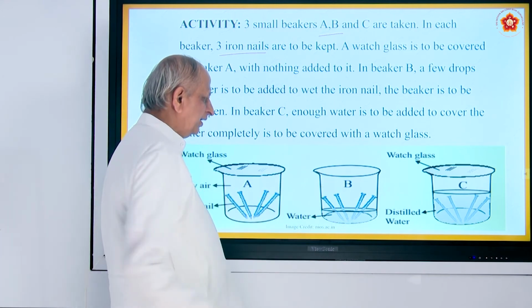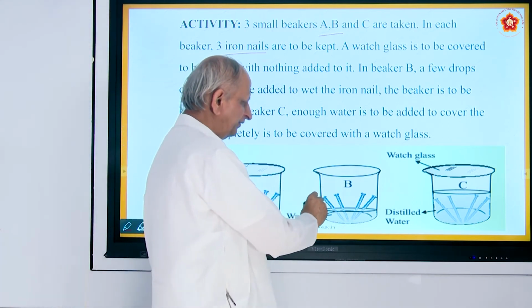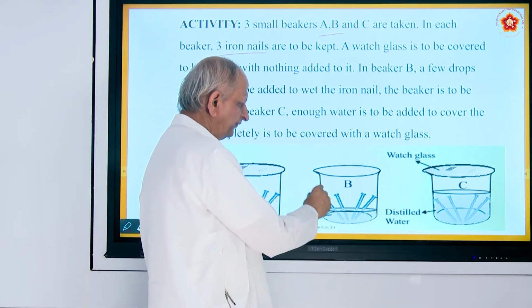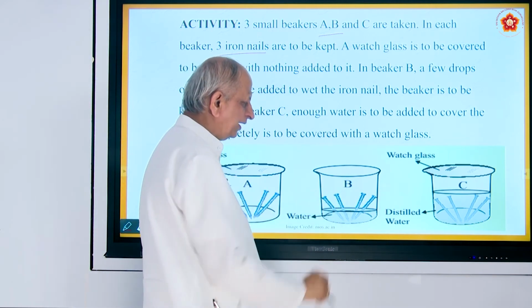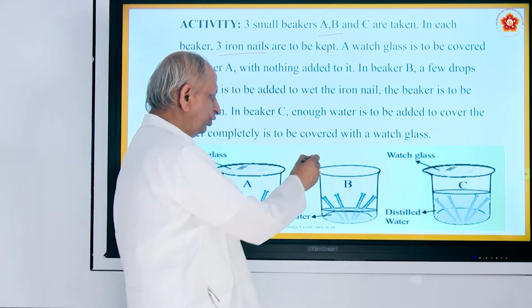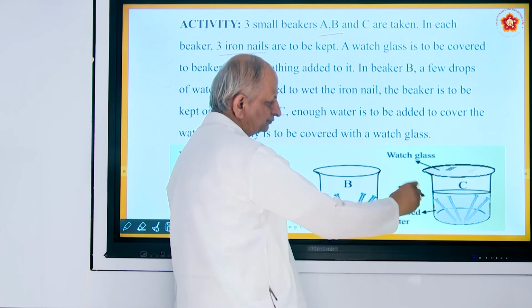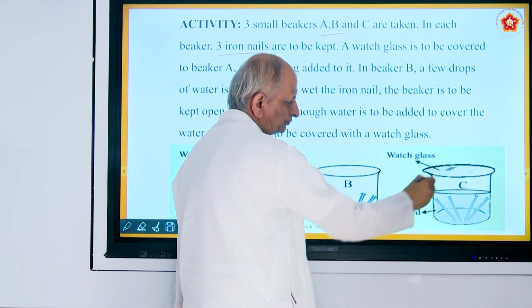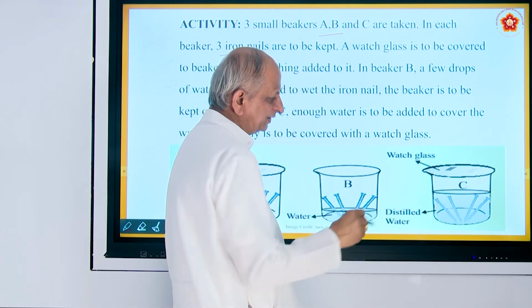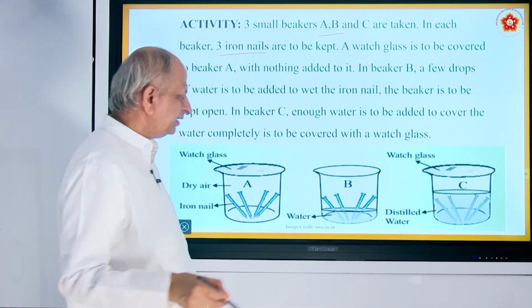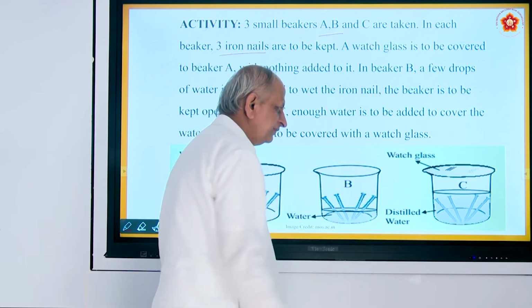The second beaker, about 50% of the beaker contains water. So 50% of the nails is covered with water, but there is no cover. The third beaker is fully filled. You have to pour water such that all the nails are immersed in it, and it should be covered with a watch glass.